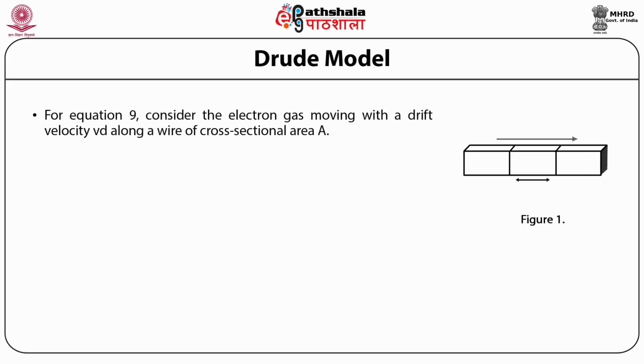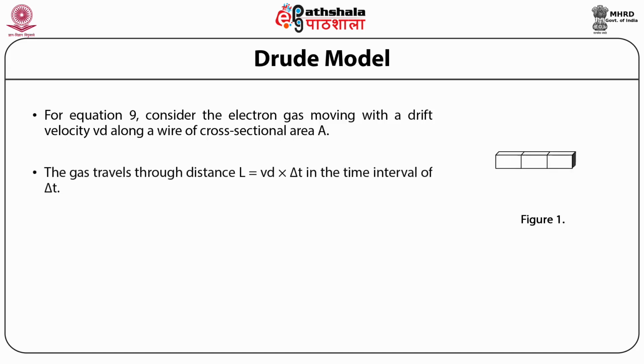For equation 9, let us consider the electron gas is moving with the drift velocity Vd along a wire of cross-sectional area A. The gas travels through the distance L equal to Vd into delta t in the time interval of delta t.